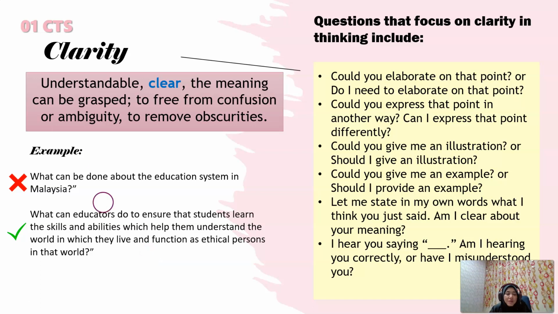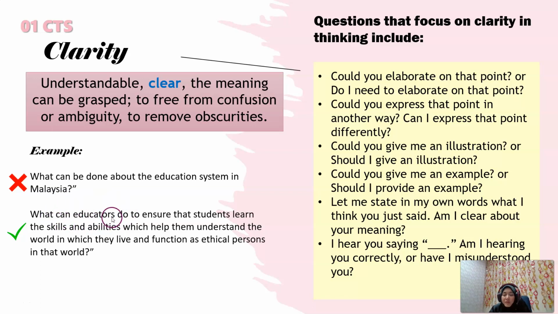For example, what can be done about the education system in Malaysia? For this kind of question, in order for you to find the solution or suggest a creative idea, it is very difficult because the question is very broad and not specific. What can be done? What is the question you want to ask? So you can rephrase the question: what can educators do?